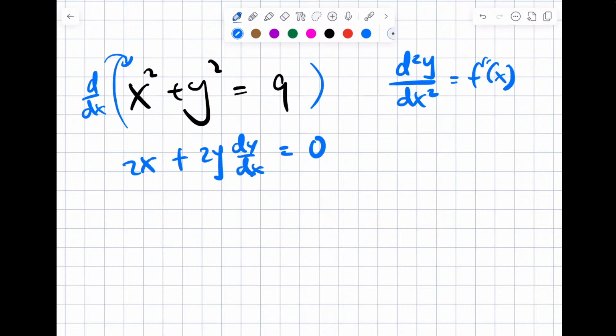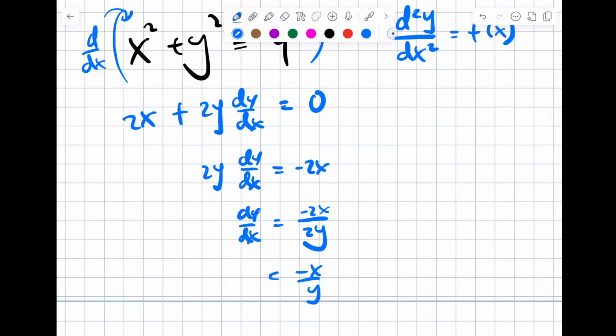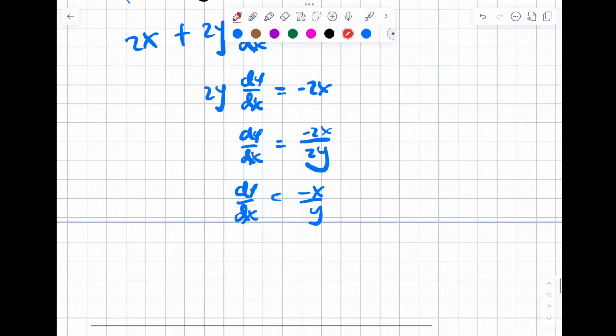Okay, so I'm going to move to the other side. And then dy/dx is equal to negative 2x over 2y. And that's equal to negative x over y. You completed the first derivative without problem, no hiccup. Everybody can do this. But what happens is we're going to take the second derivative of this function.